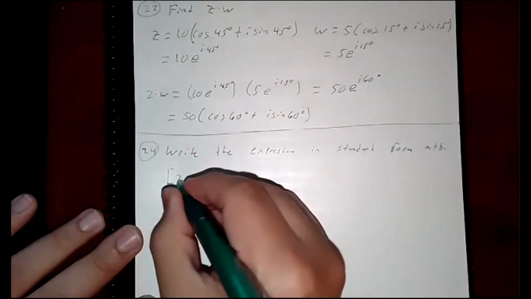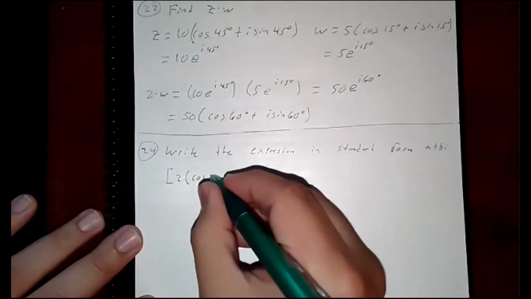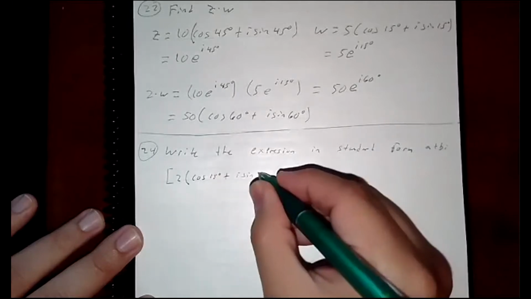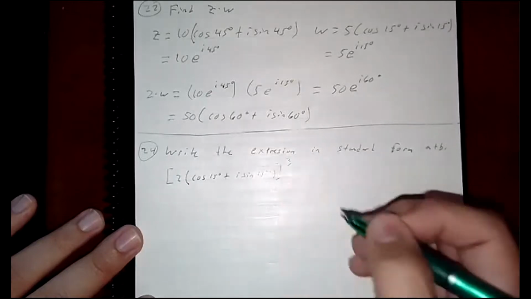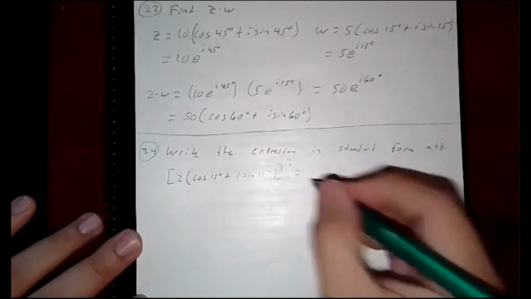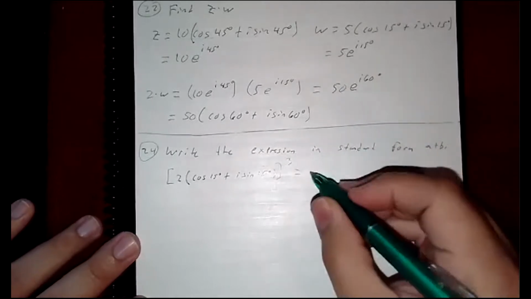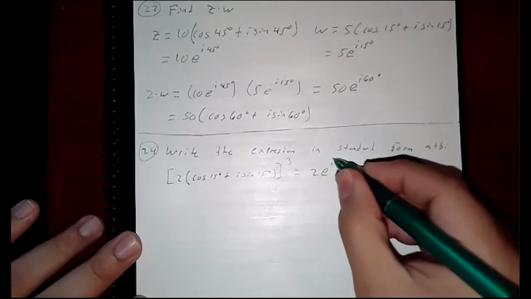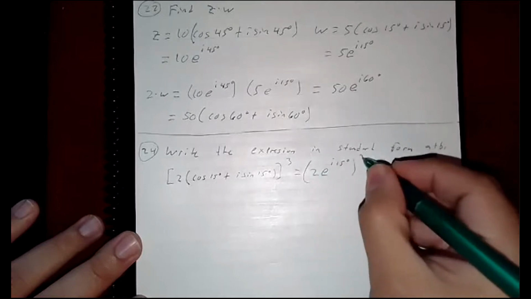So we have 2 times cosine of 15 degrees plus i sine of 15 degrees, everything cubed. So what I suggest is to use the formula up top and change it to r e to the i theta. So this would be 2 e to the i 15 degrees cubed.